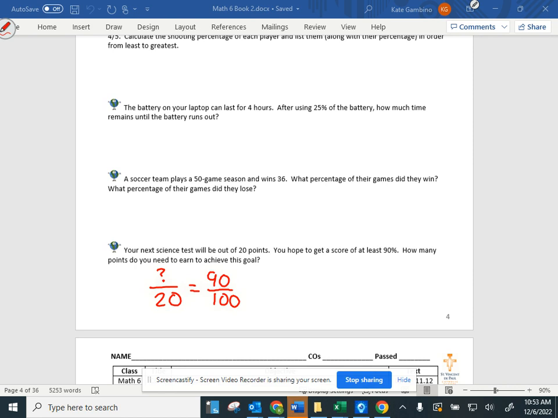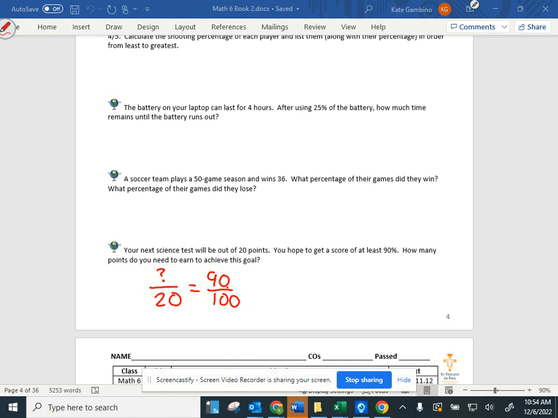Now, oh my goodness, this is what we just did in our last unit. We did these proportions, so now we can find that missing number. Think about previous objectives that we've done, and they might help you set it up. We know 90% is 90 hundredths. We know the question mark is how many we want out of 20.